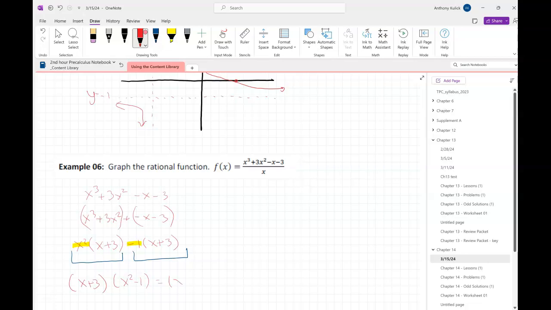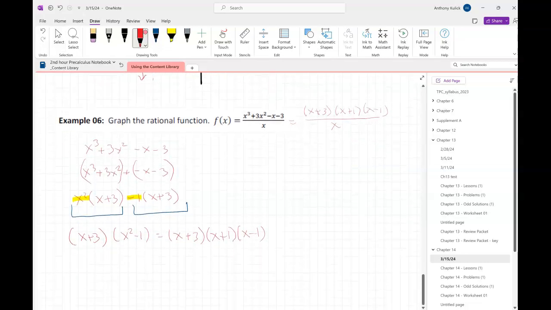And x squared minus 1, hey, I've seen you before. That's just x plus 1, x minus 1. Everybody feel good there?